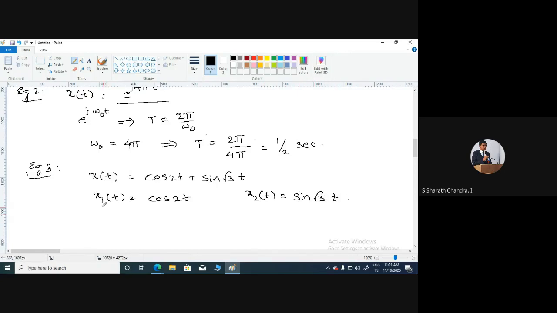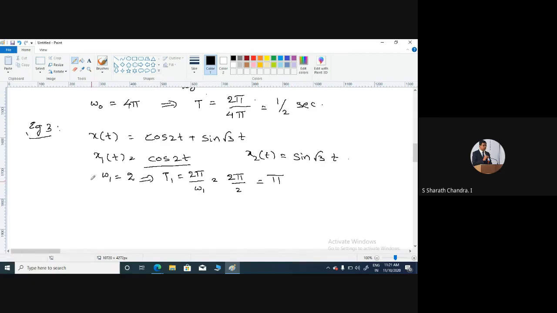Now I am trying to find the fundamental period of x1 of t. By comparison with cos omega naught t, I find omega 1 is equal to 2, and it implies that T1 is equal to 2 pi by omega 1, which is 2 pi by 2, that is simply pi. Therefore, the fundamental period of this particular signal is pi.